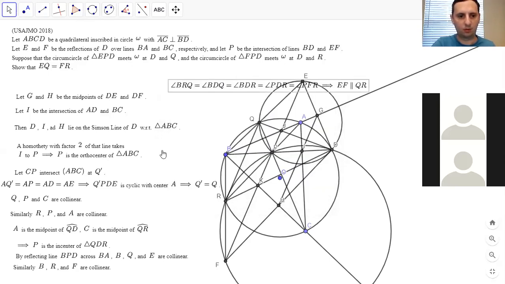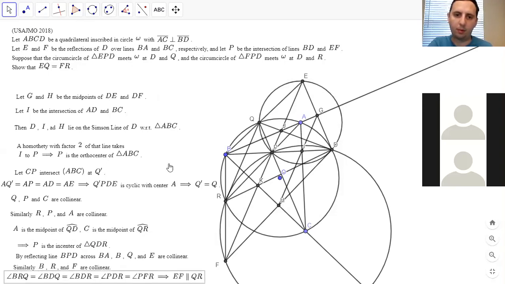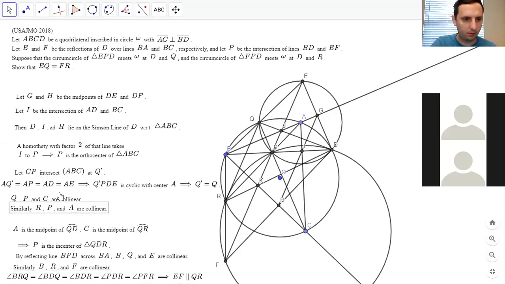All right. And so both BRQ and BFE are isosceles, so EQ equals FR. So I'm just going to make a little bit of room here for one more line. Let's see what I can do. Move that up.